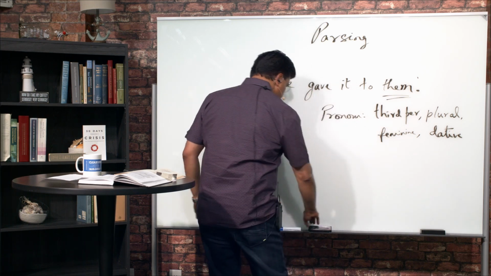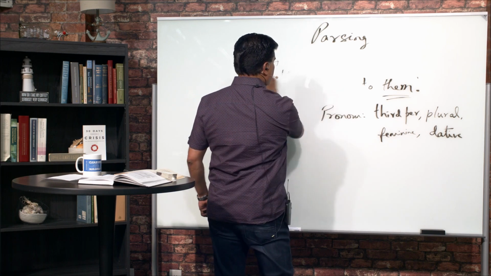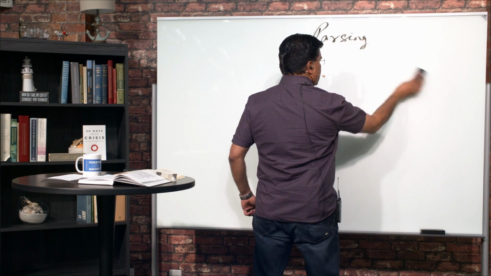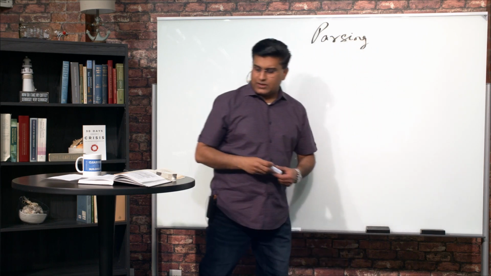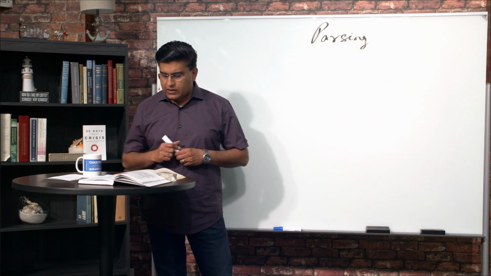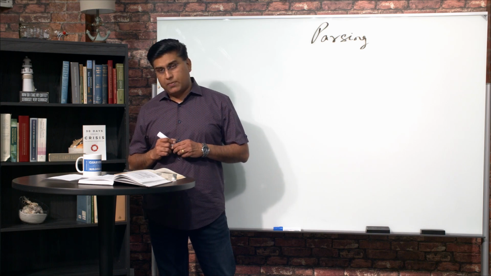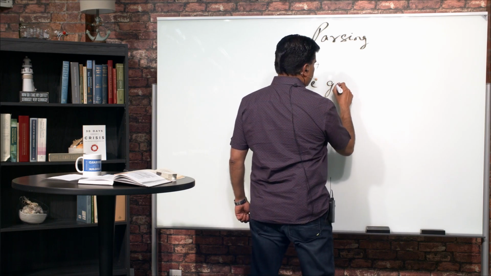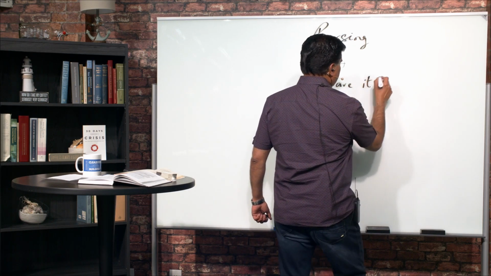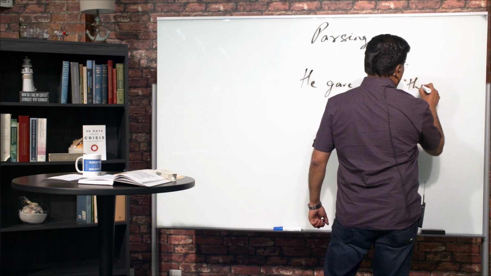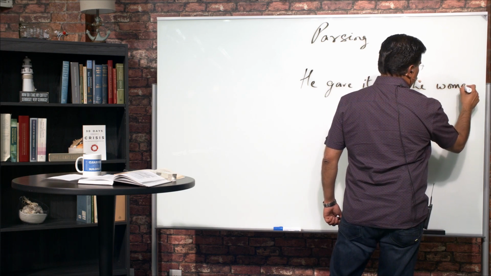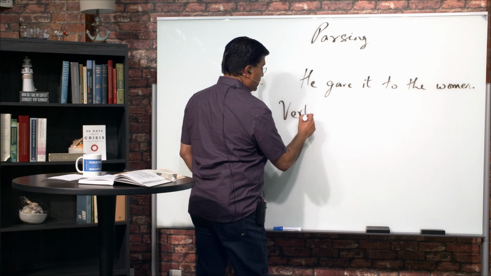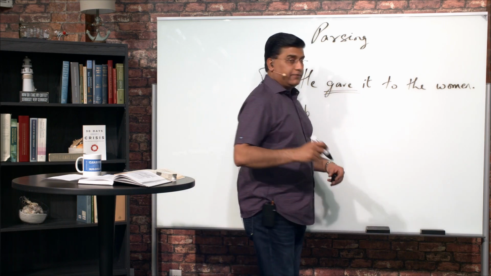How about if this is a verb? We looked at noun and then we focused on the pronoun. What if this is a verb? Let's take the sentence, he gave it to the women. Again, he gave it to the women. And let's say we're focusing on the verb gave.